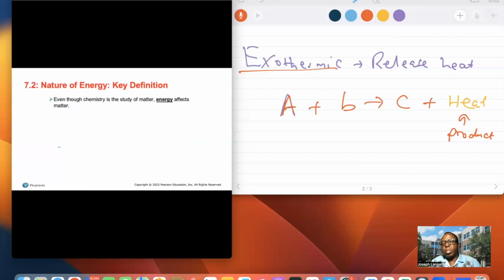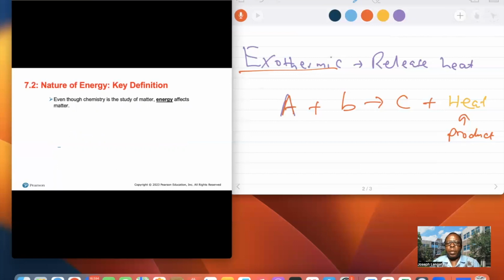Now let's see the heat definition, section 7.2. You need to commit this to memory. Even though chemistry is the study of matter and its transformation, energy also affects matter. For example, if you increase the temperature, an ice cube will melt.